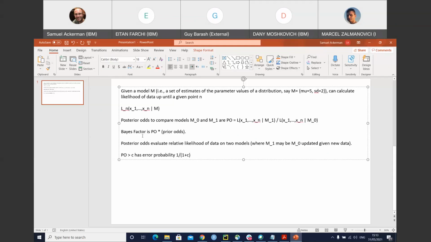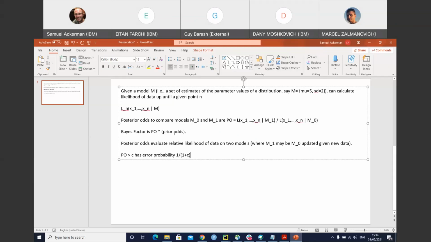And typically, this is the posterior odds, and when you form a Bayes factor, you're also allowed to give prior odds. If you're comparing two models, it's like saying, I think M0 is twice as likely as M1.